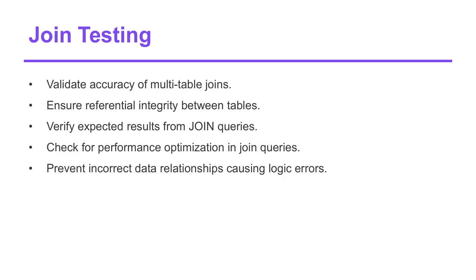Additionally, performance should be checked to make sure join queries run efficiently without unnecessary delays. Lastly, thorough testing helps catch any incorrect data relationships early on, preventing logic errors that could affect downstream processing or reporting. All of these steps together help maintain reliable and consistent data interactions across the database.